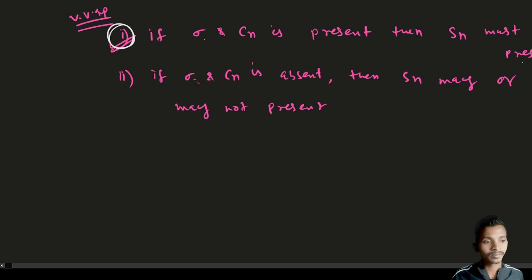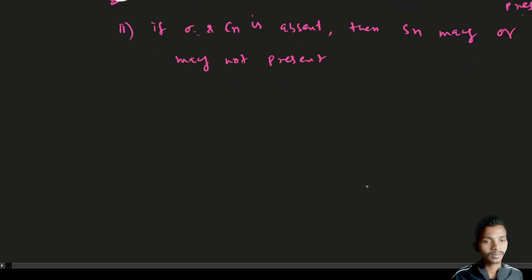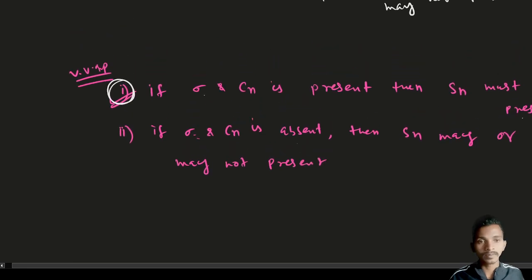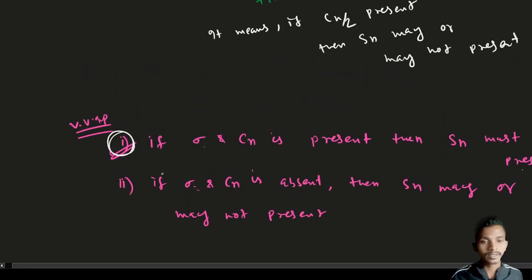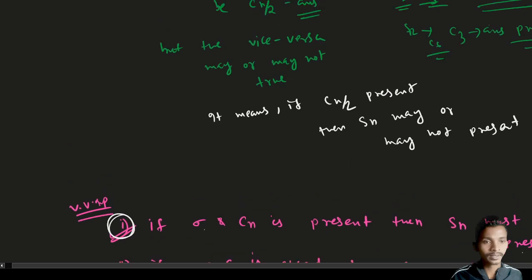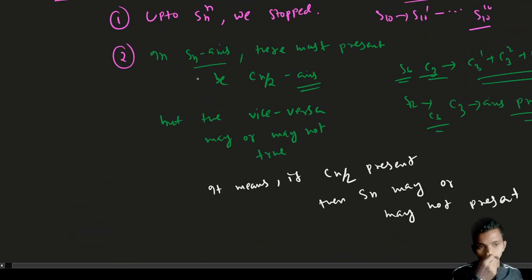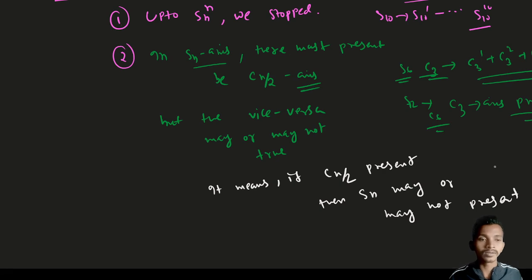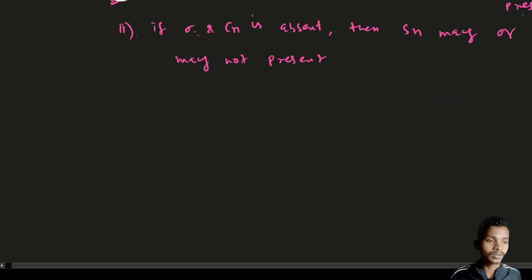So now let's discuss that. This is the 1 point, this is 2 points. First, clear these points. Another point is this. Okay, so these 4 points we will discuss.